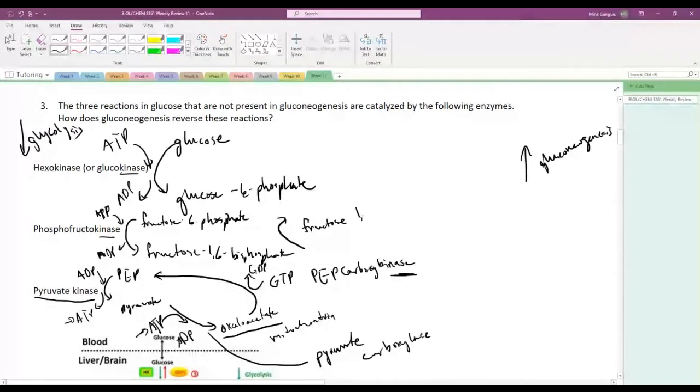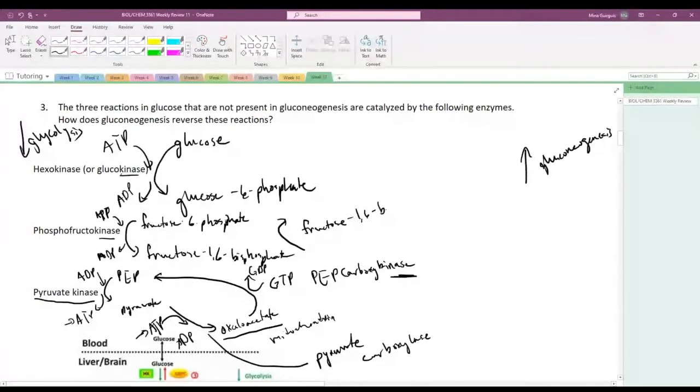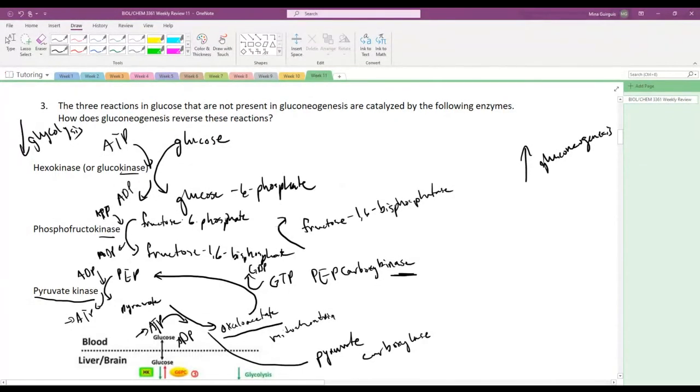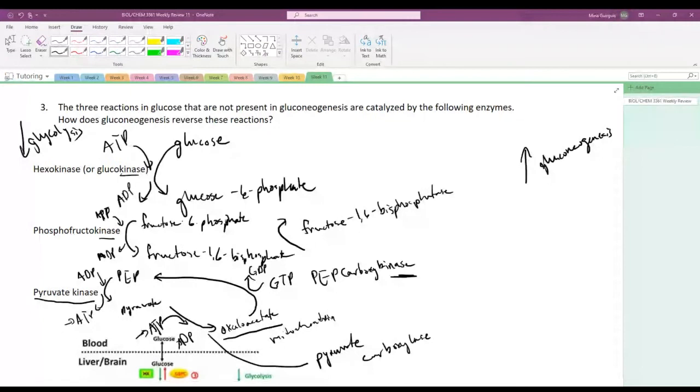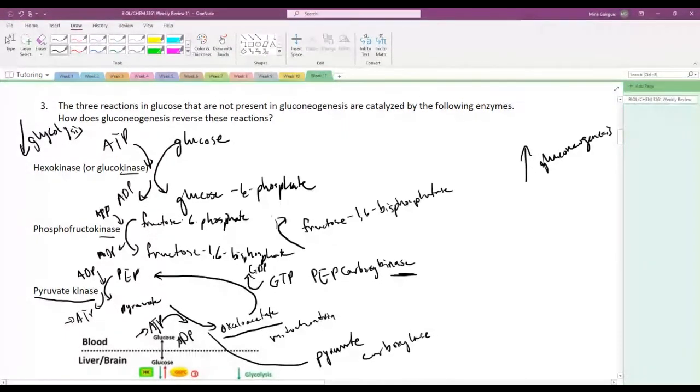Fructose 1,6-bisphosphatase. Okay, and in this reaction, we release one inorganic phosphate. Okay? Phosphate. So let's think about what that means.